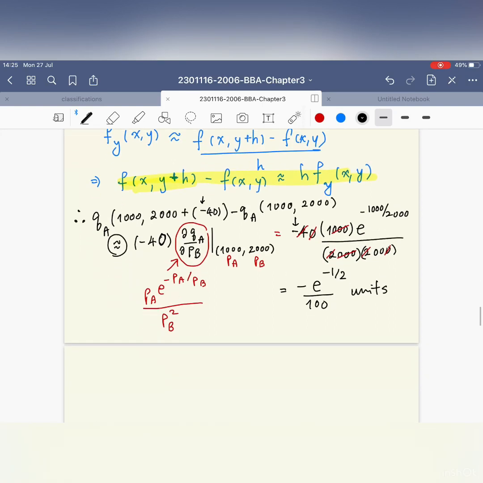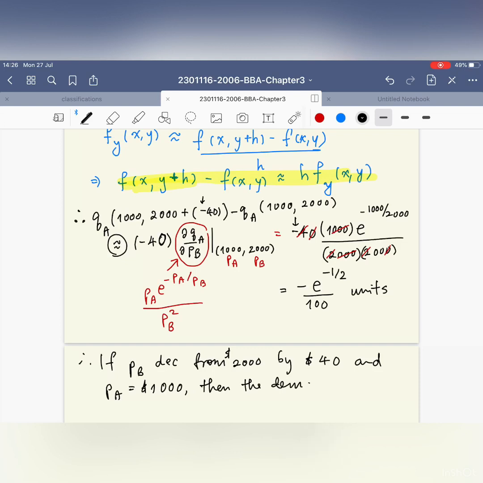So it means that if the price of B is decreasing from $2,000 by 40, but the price of A still stands at $1,000, then the demand of your product A is decreasing.